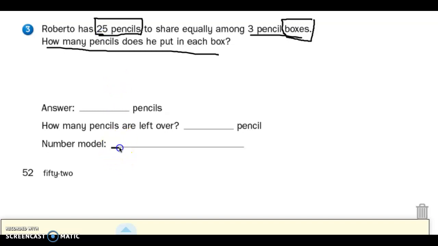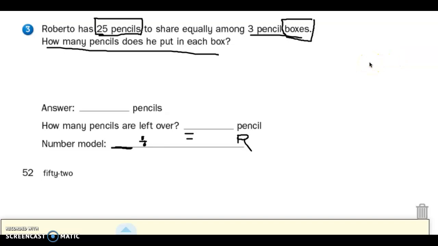Remember, for your number model, always put the largest number here, divide it by the other number you know. You have 2 numbers here that you know, equals how many groups with a big R for, what's that word again, niños and niñas? The big R stands for remainder. Say it one more time with me, a remainder. I want you to draw a picture.